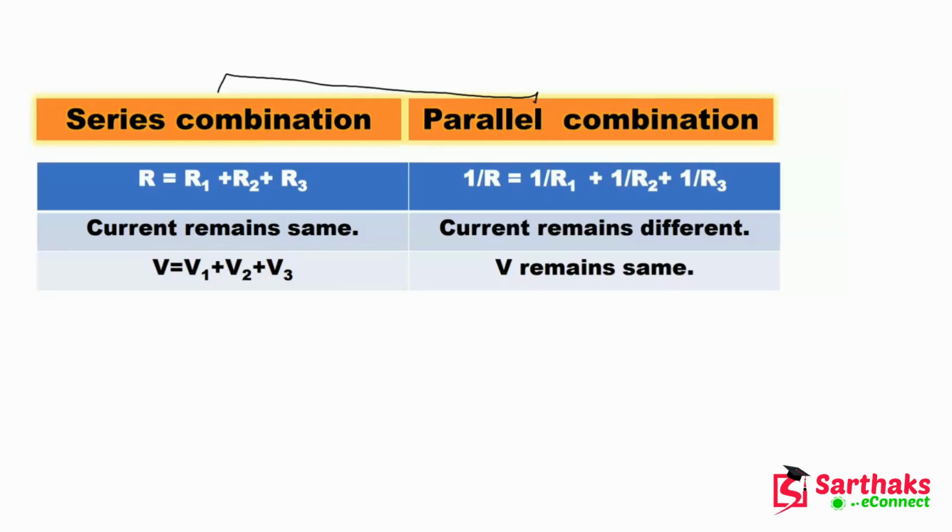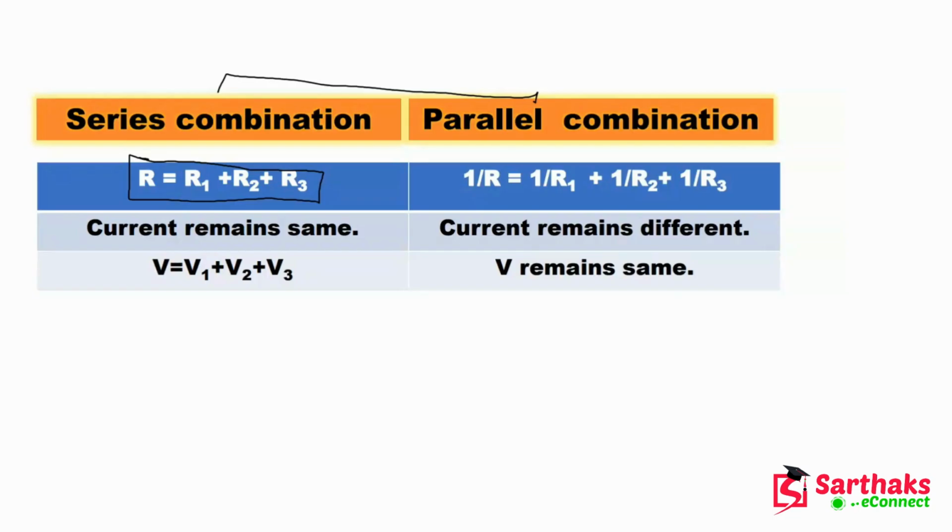If I want to calculate the combined resistance of a series circuit, I will simply add the resistances which are in series: R1 plus R2 plus R3.